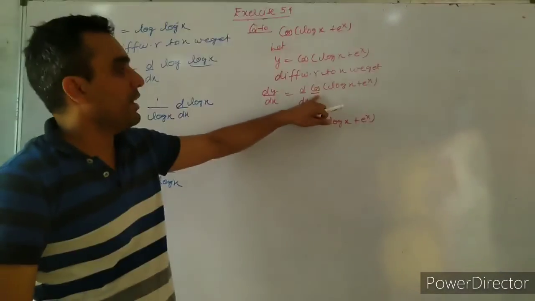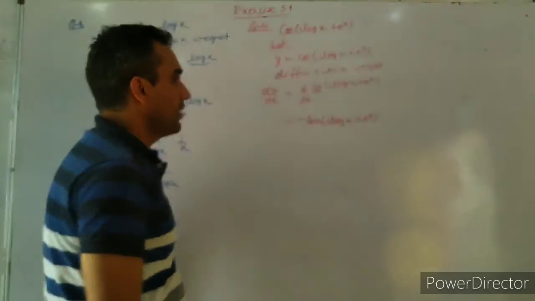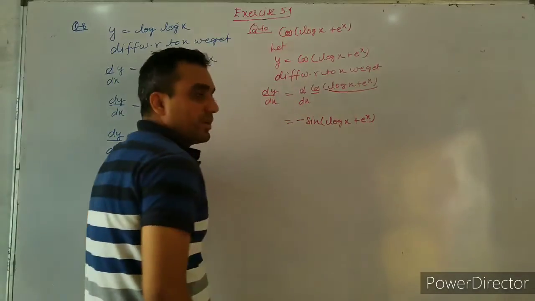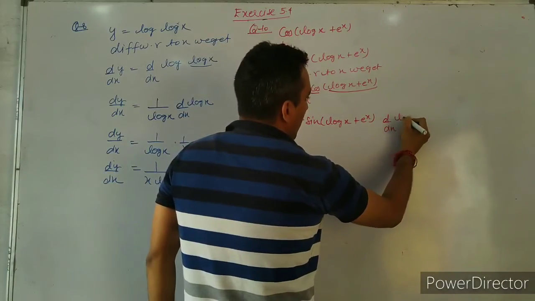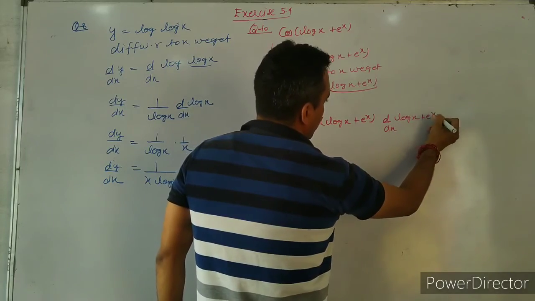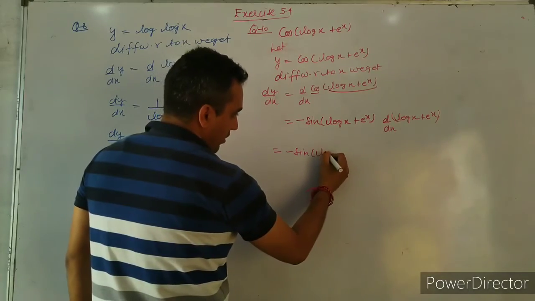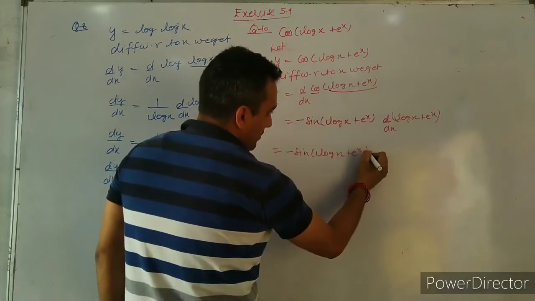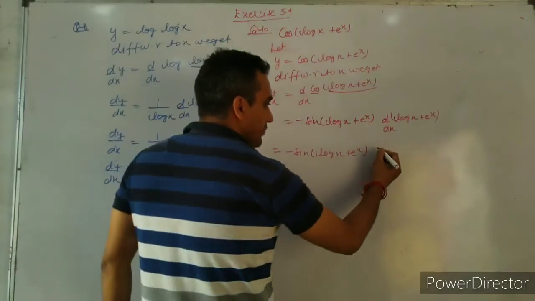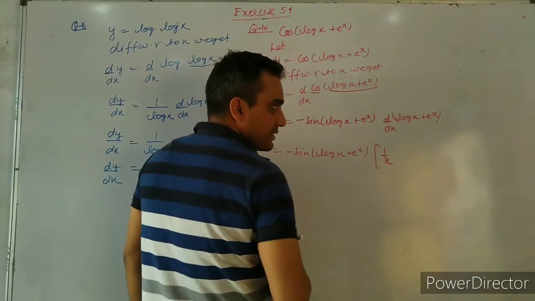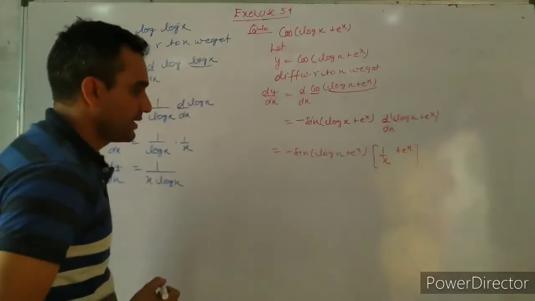Now again, I have differentiated only this function cos. Now I will differentiate the remaining function. It means I am going to differentiate log x plus e to the power x. This will give me sine of log x plus e to the power x, and differentiation of log x is 1 upon x, and differentiation of e to the power x is e to the power x.